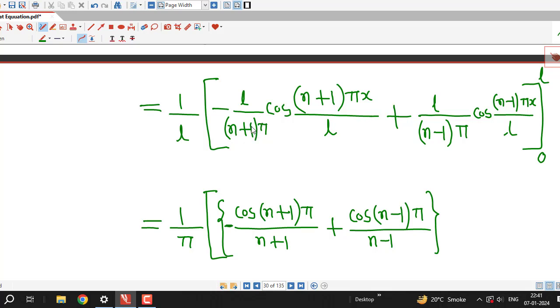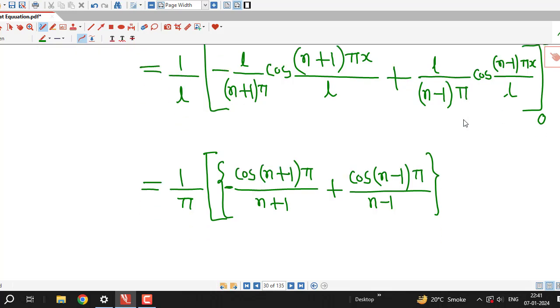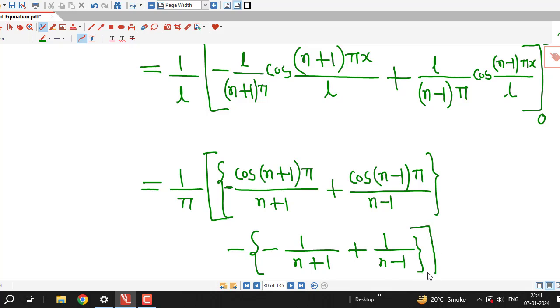For x equal to 0, we will have cosine of 0, that is 1, and we will have minus 1 over n plus 1 here, and same thing here we will have 1 over n minus 1. So for the upper limit we have minus 1 divided by n plus 1 plus 1 divided by n minus 1.